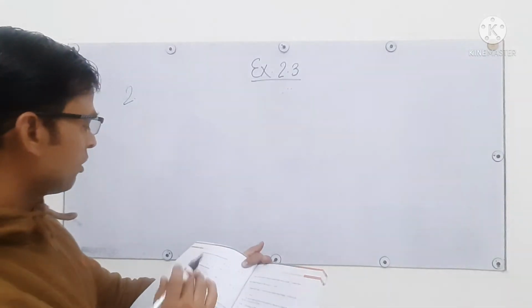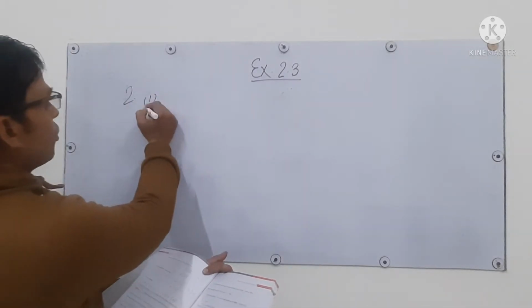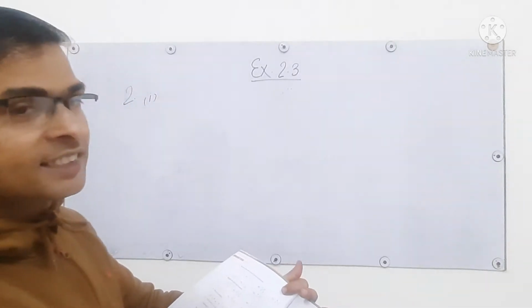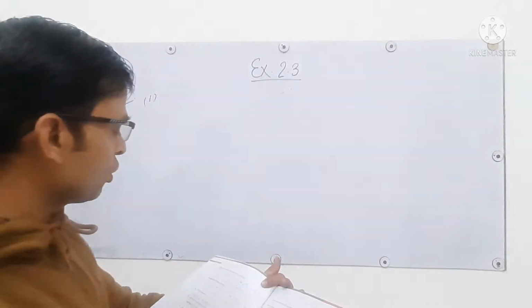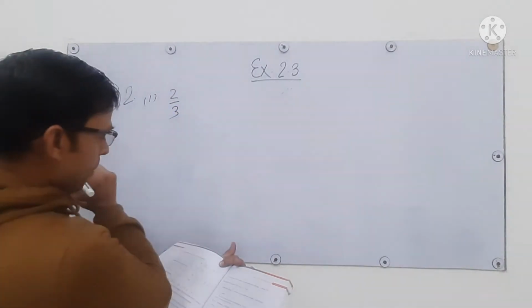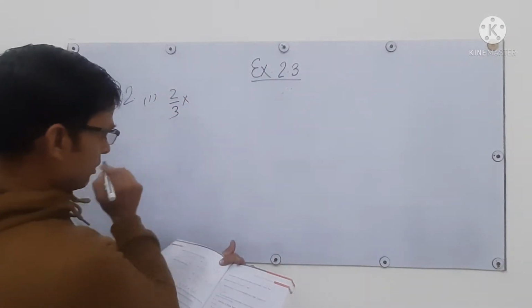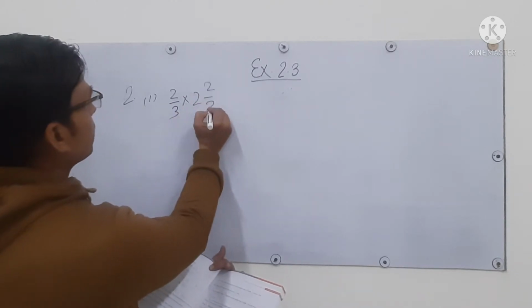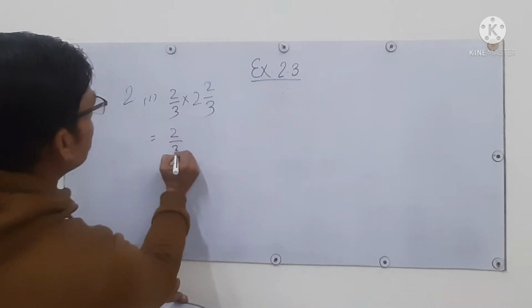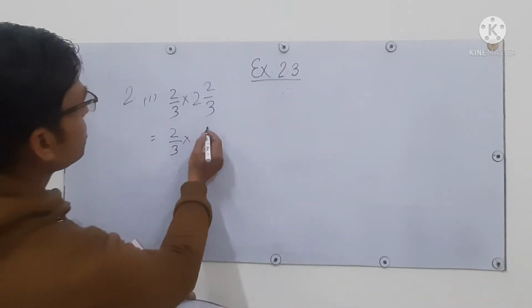Now we will solve it, and here also I will try to solve only part 1 and part 7, and the rest you will solve on your own. Part 1 is written here as 2 and 2 by 3 cross 2 and 2 by 3.